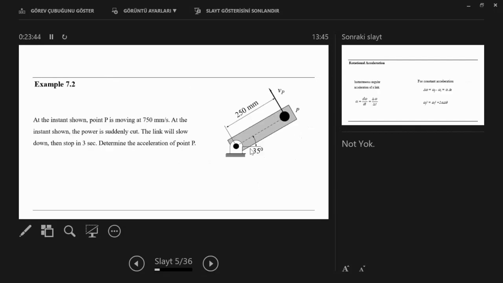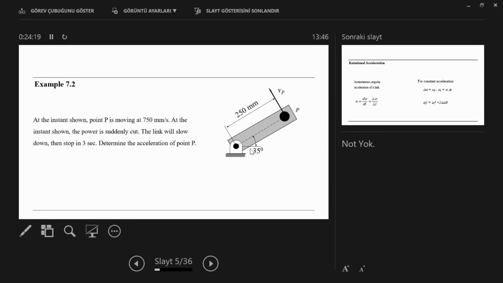So then let's continue with an example. Here, a small example. At the instant shown, like in the picture you see, point P is moving at 750 millimeters per second. At the instant shown, the power is suddenly cut. The link will slow down, then stop in 3 seconds.